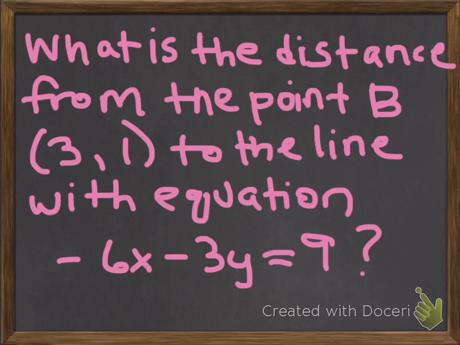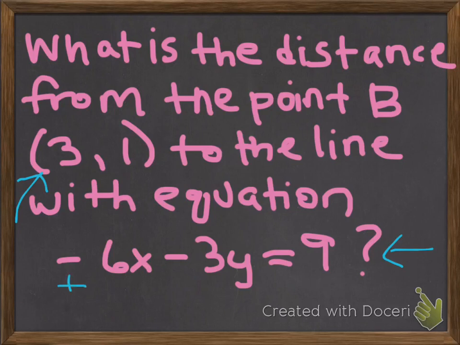So the first thing we need to do is find an equation for our new line. So our equation needs to be perpendicular to the one we're given using the point that we're given. So to make it perpendicular, we need to actually make this equation, excuse me, into slope-intercept form.